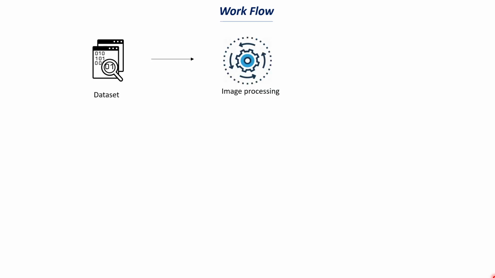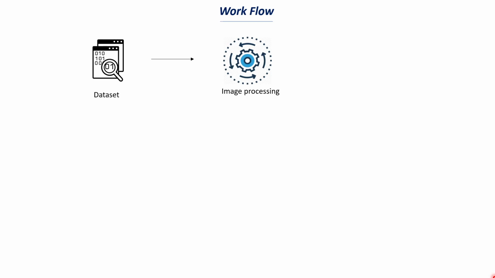We have seen what image processing we have to do in the previous video. We have seen what the dimension of an image means, what is meant by pixels, and that there are RGB images and grayscale images and so on. So the steps involved in image processing are, in case you have images in different dimensions, one step would be to resize all the images to a common dimension.